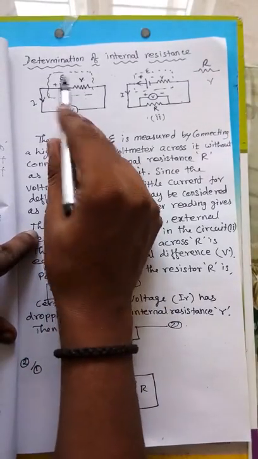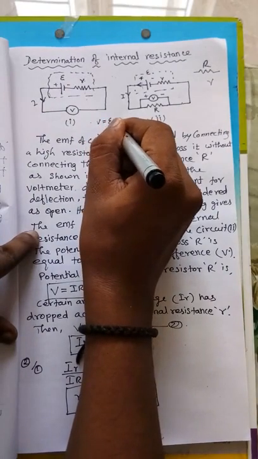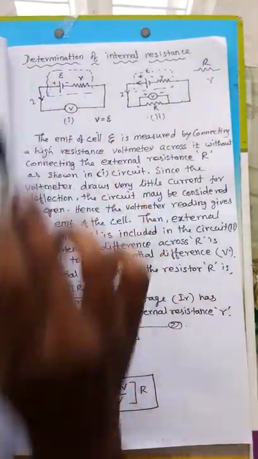So V is equal to the EMF of the cell in the first circuit.